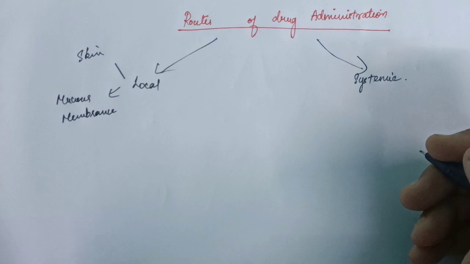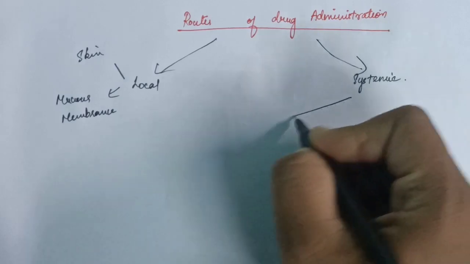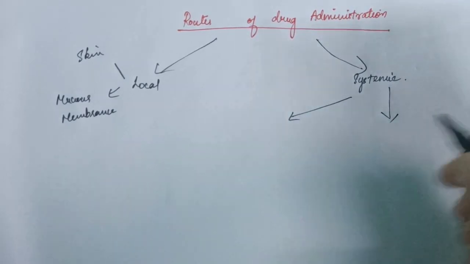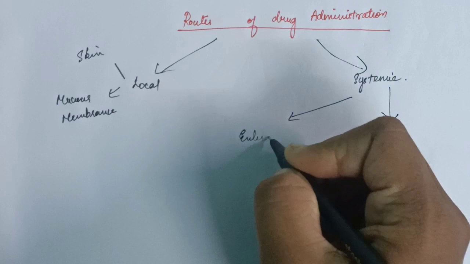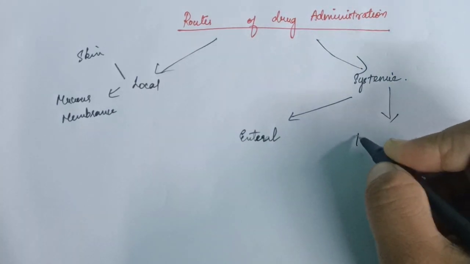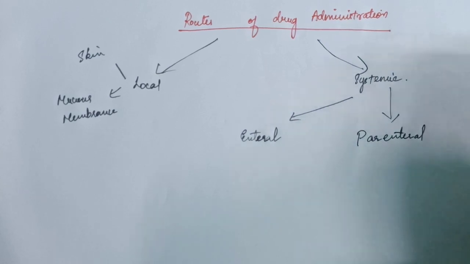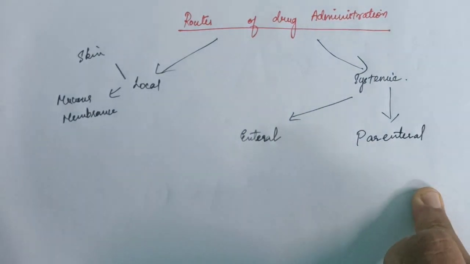Today we are going to concentrate on the enteral route of systemic. In systemic you have 2 types: one is the enteral route, and another one is the parenteral route.